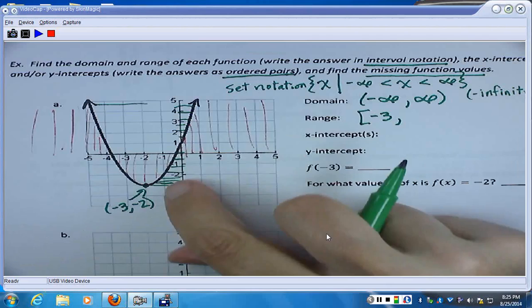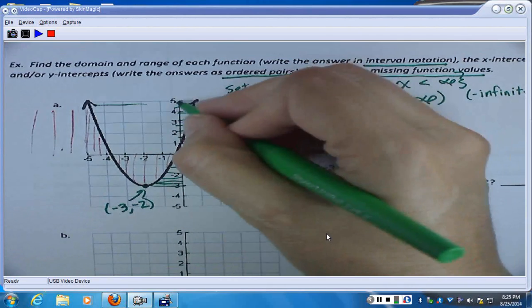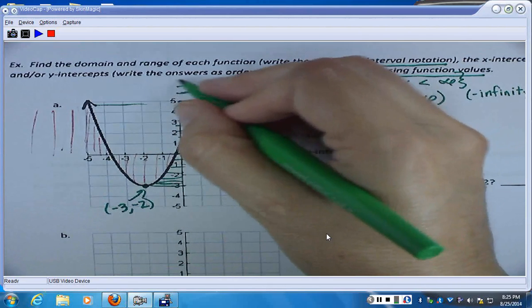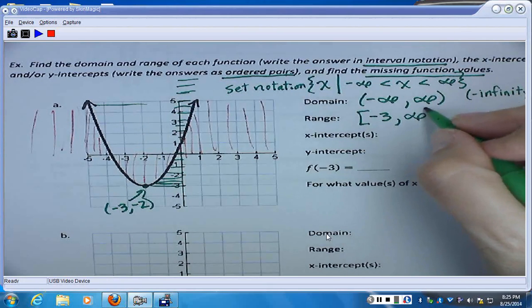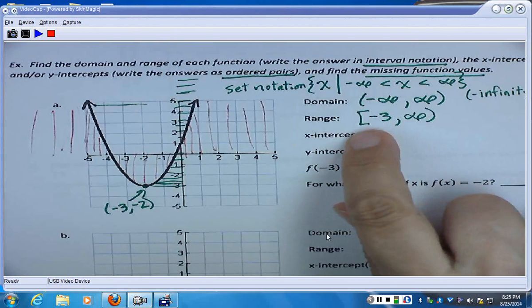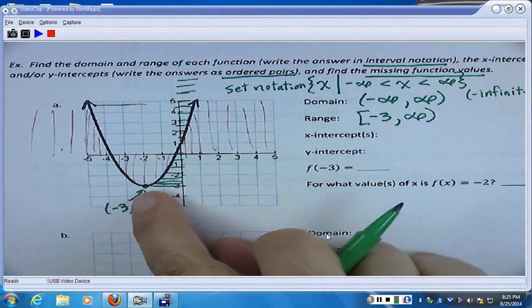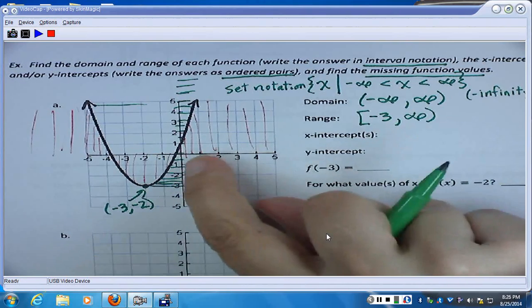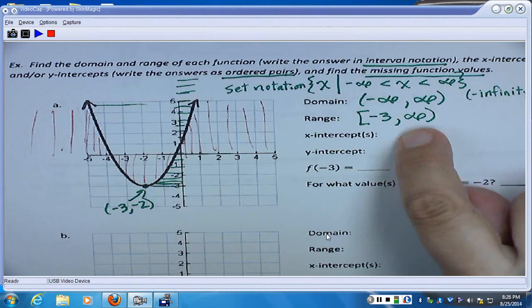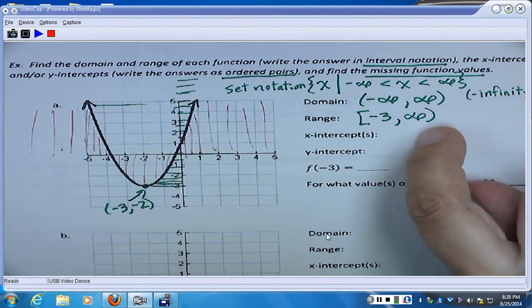And then it goes up to positive infinity because this keeps going. You have to put a square bracket here because we're including the negative 3. And then infinity is not an actual number, so we never include it, so we use a regular parenthesis.